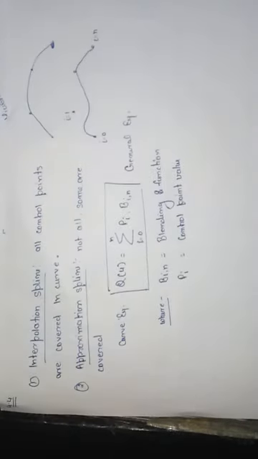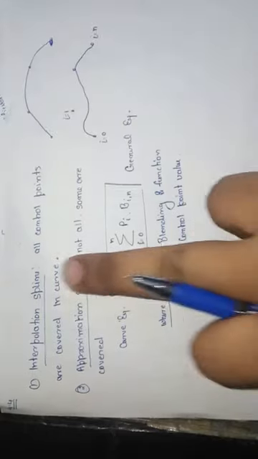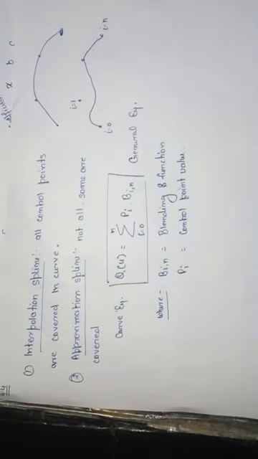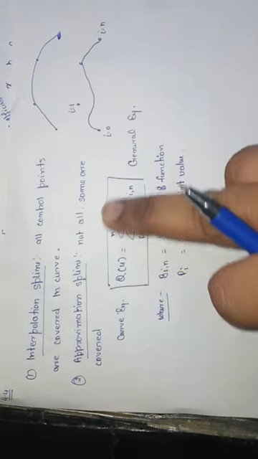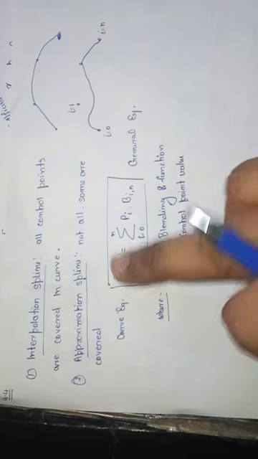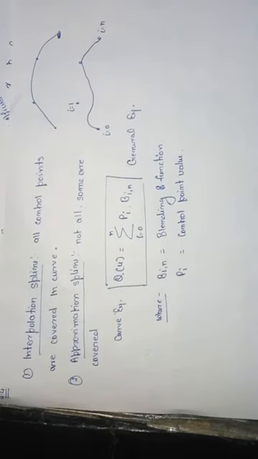So an interpolation spline covers all control points in the curve, while an approximation spline covers only some of them. Spline curves also have an equation.